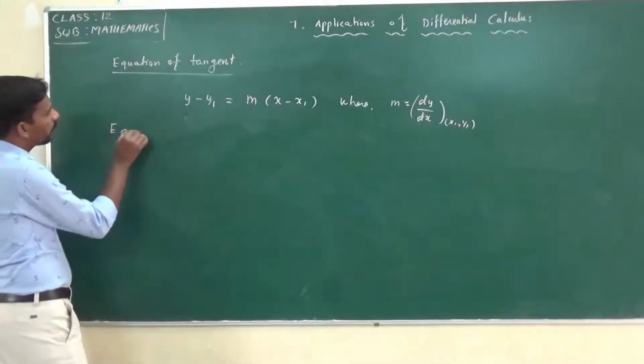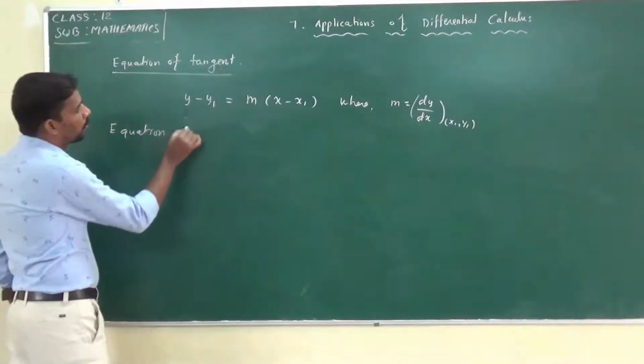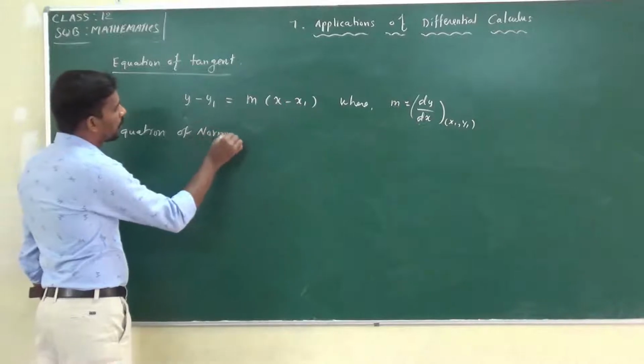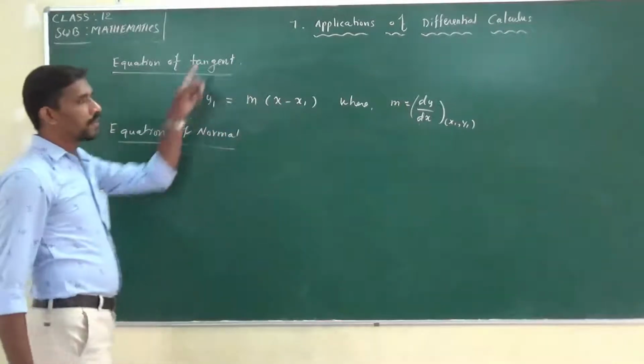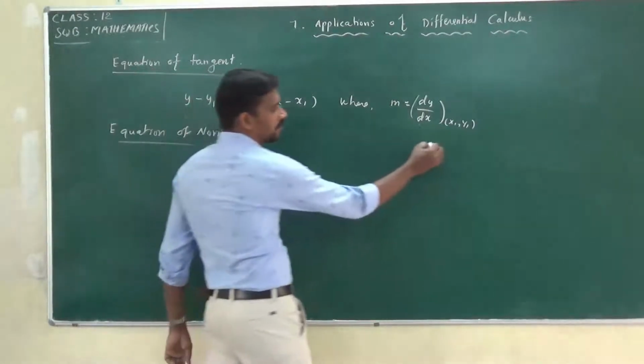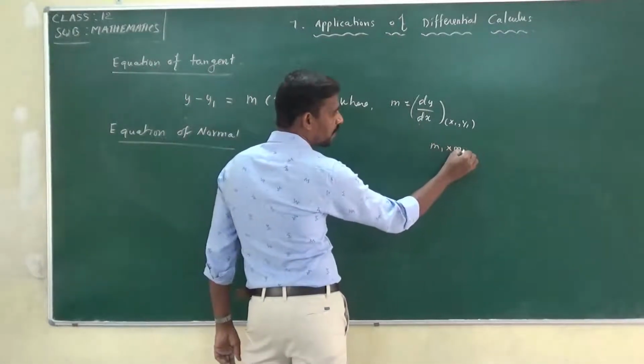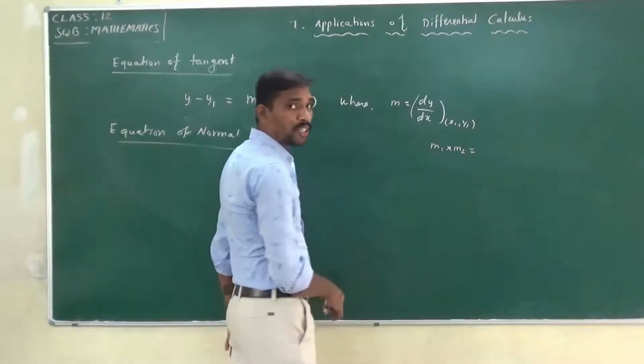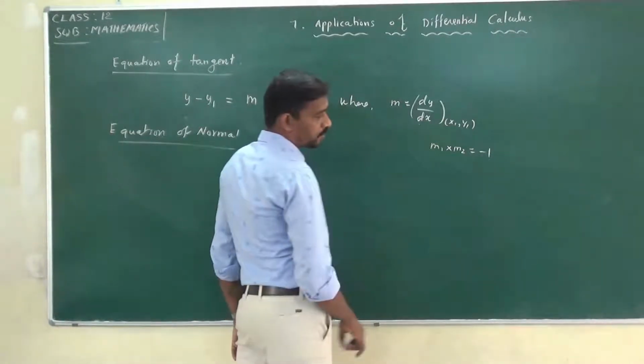Now we are finding the equation of normal. I said already, tangent and normal are both perpendicular. We know the concept: if two lines are perpendicular, then the product of slopes gives minus 1.